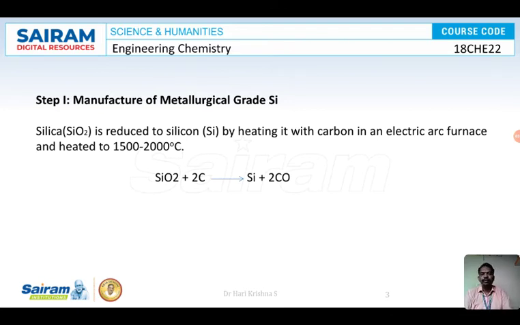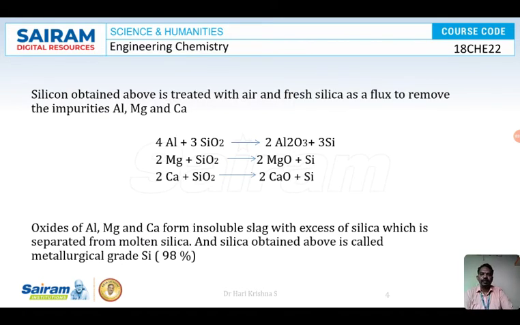It may contain impurities such as aluminium, manganese, magnesium or calcium that should be removed. That process is called refining. The silicon obtained from the above process may contain impurities such as aluminium, magnesium or calcium. So it will be mixed with fresh silica, and the respective metals will be removed as their respective oxides.